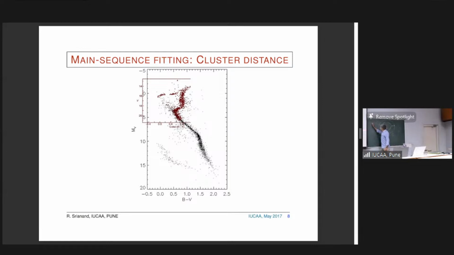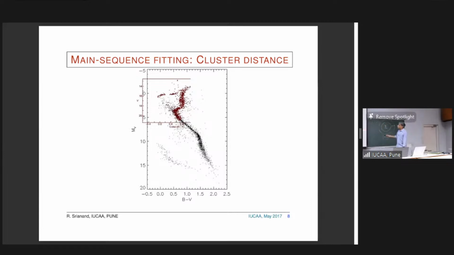Here I am plotting absolute magnitude, which is the equivalent of the luminosity of the source. If I want luminosity, I should know the distance of the source, because flux is what I measure. Luminosity is the intrinsic emission per unit time, that is 4 pi r square times the flux I am measuring.